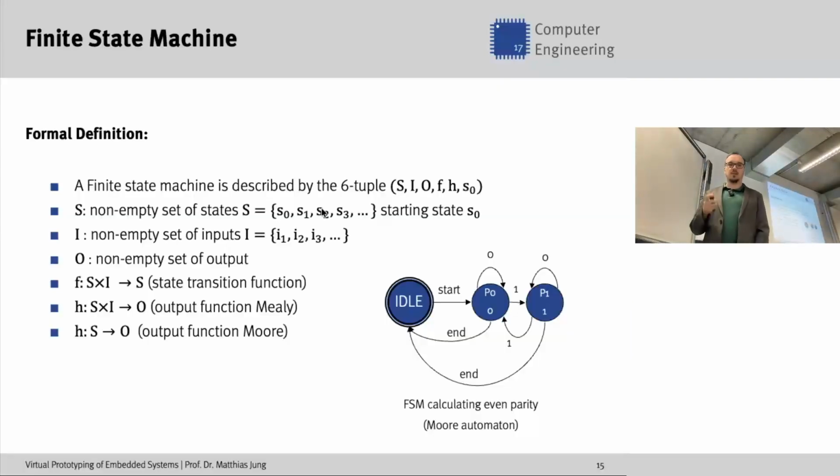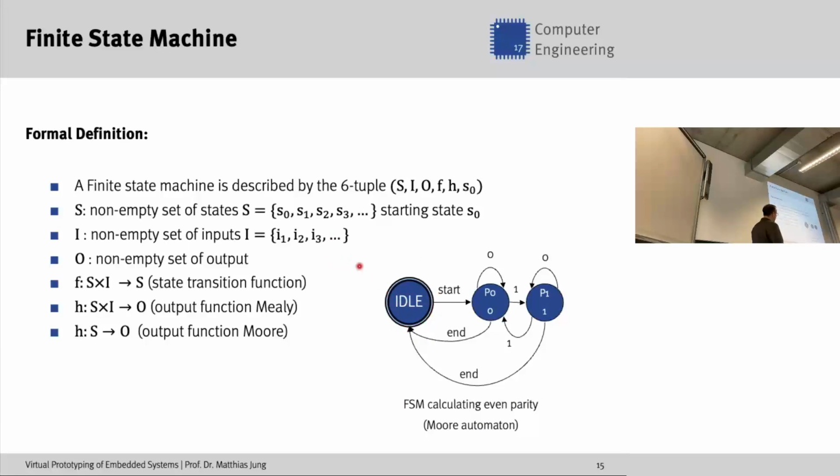You can write it down mathematically. A finite state machine is described by this 6-tuple here. You have states, inputs, outputs, and then a bunch of functions that describe that. And then this is the typical state machine. You have maybe an initial state here.